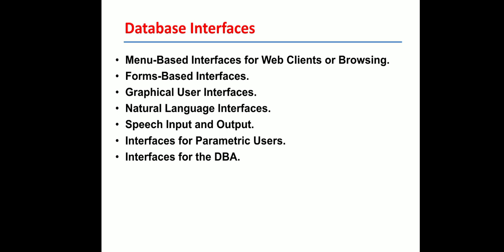With the help of commands we can easily interact with the database. Natural language processing means we use command based input, and through that we can interact with the database. Normally in the DOS operating system, we use command based input. Then speech input and output.